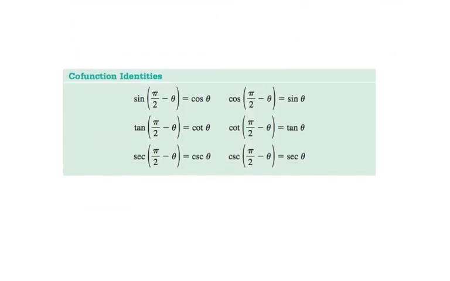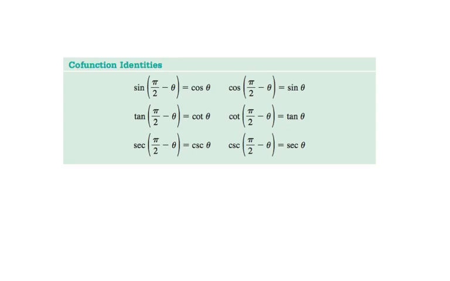Another piece is your cofunction identities. The idea of your cofunction identities is that sine can be cosine, you've just shifted it by a phase shift. So all of these can be rewritten as the previous one with your phase shift of pi over 2.